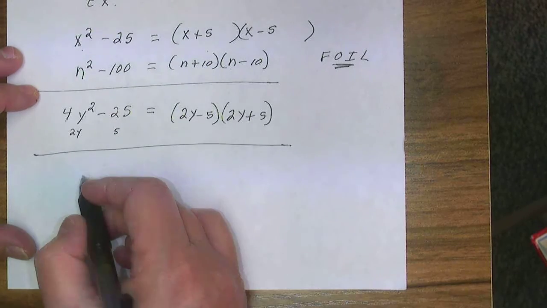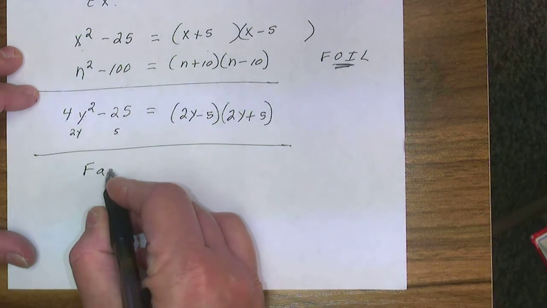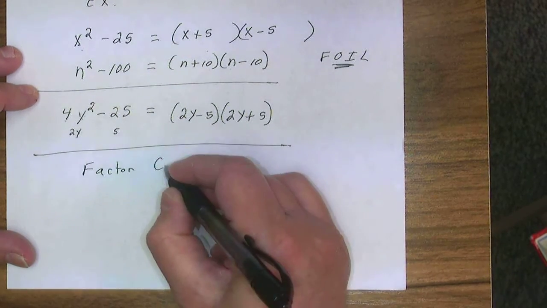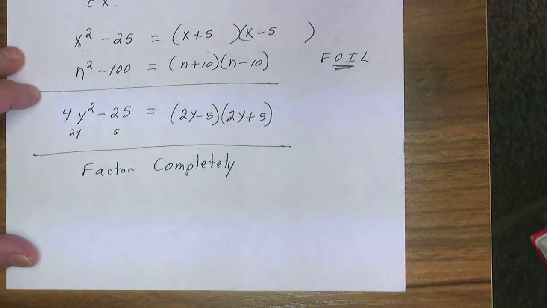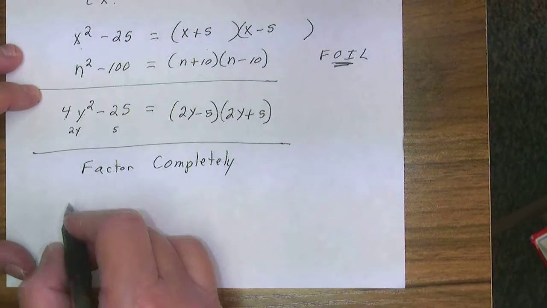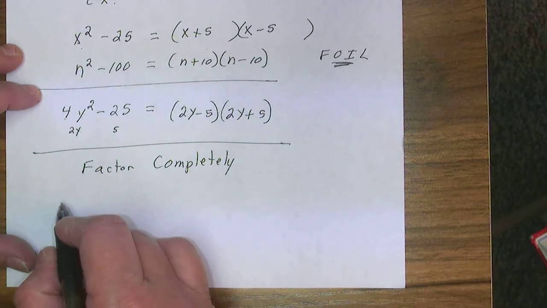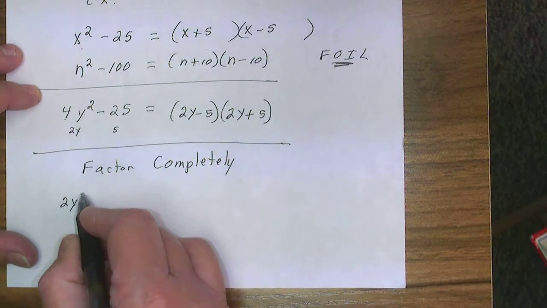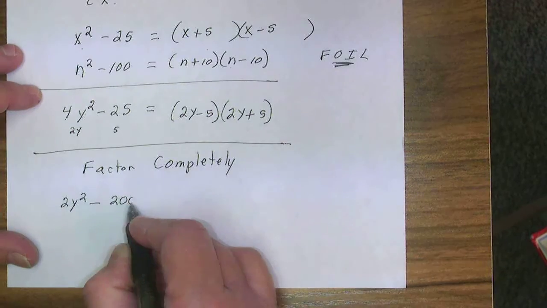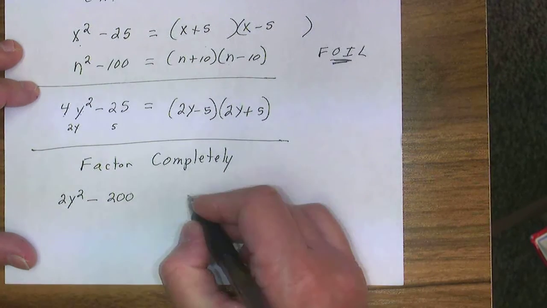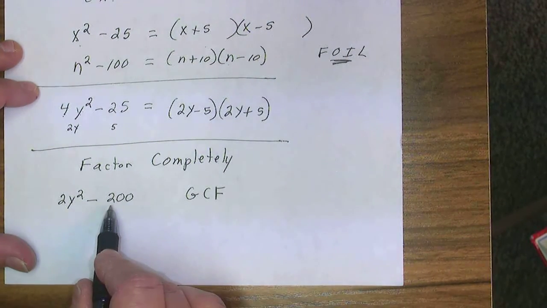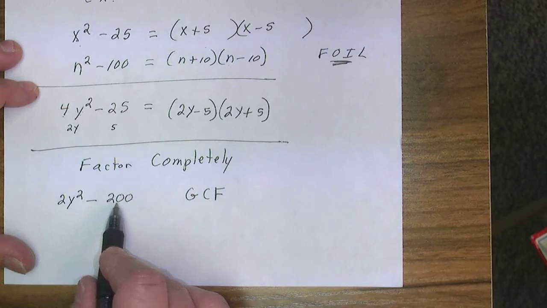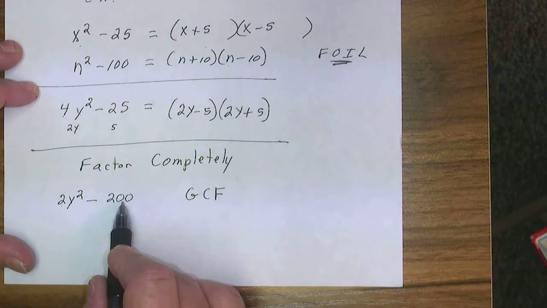Also, when you see the word factor, it means completely. One of the first things you need to look for is a GCF. I'll take this problem. Look for a GCF. You recognize that this is a difference and it's a binomial. 2 is not a perfect square, neither is 200.